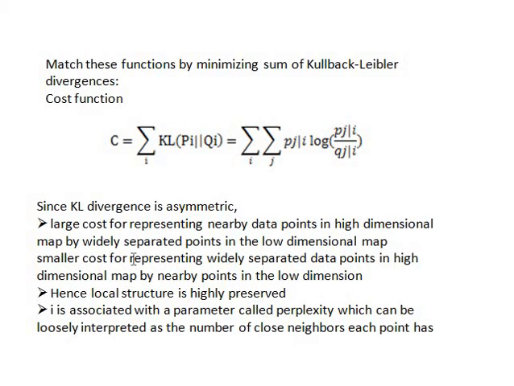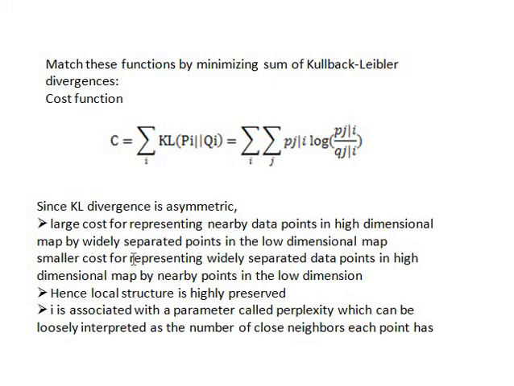High cost is required for nearby data points in the high dimension which are represented as widely separated data points in the low dimension, and a smaller cost for representing widely separated data points in the high dimension which are mapped as nearby data points in the low dimension.